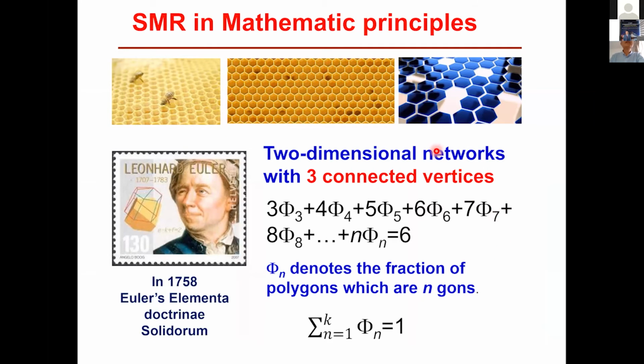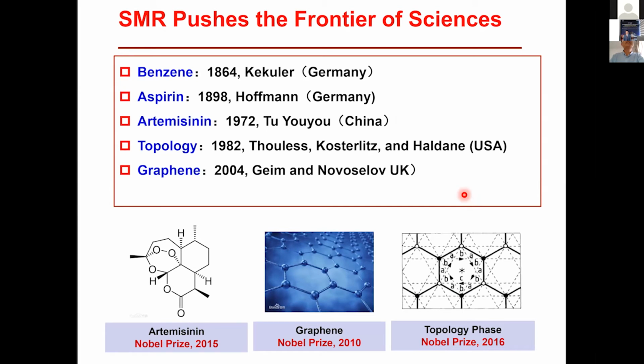And also in mathematics, Euler demonstrated the six-member ring is the most stable, most ideal, and the six-member ring structure has pushed the frontier of science.